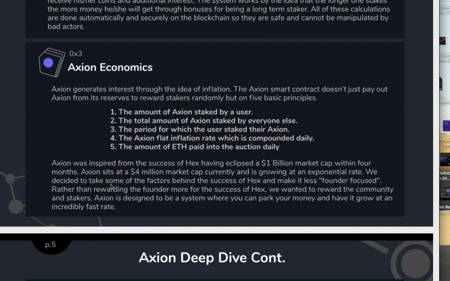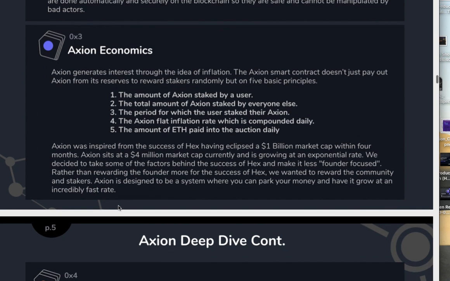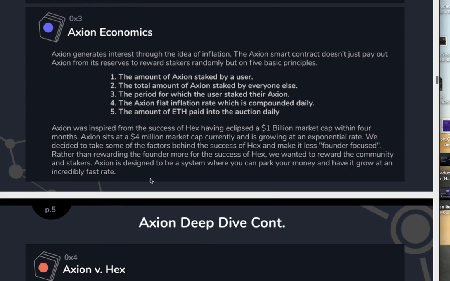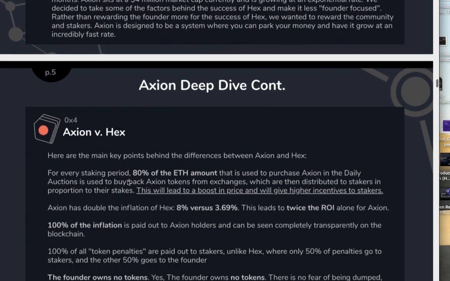We decided to take some of the factors behind the success of Hex and make it less founder focused. So I believe the market cap at the moment is about $50 million. Sorry. Rather than rewarding the founder more for the success of Hex, we want to reward the community and stakers. Axion is designed to be a system where you can park your money and have it grow at an incredibly fast rate. So very exciting, folks.